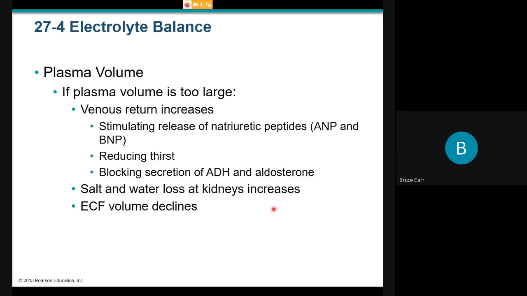Salt and water loss, by the way, is something we can regulate at the kidneys. And we basically start putting more sodium into the urine, and the amount that's expelled goes up, and the extracellular fluid declines.